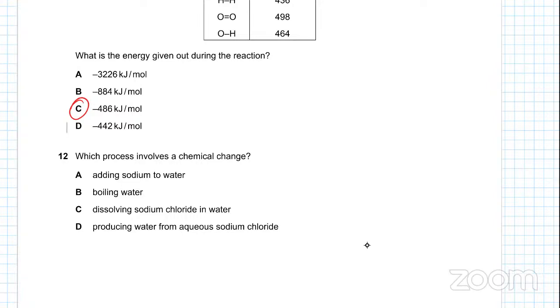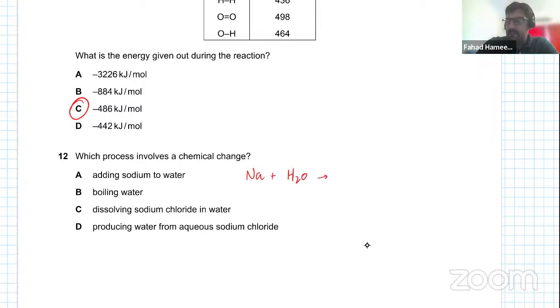Chemical change. Adding sodium to water. That is a chemical change because it's a reaction. Metal plus water, so sodium plus water is a vigorous, violent reaction where NaOH is formed and H2 gas is released.